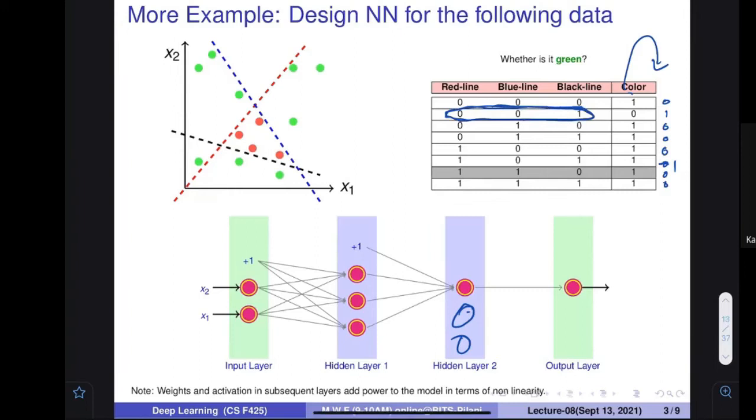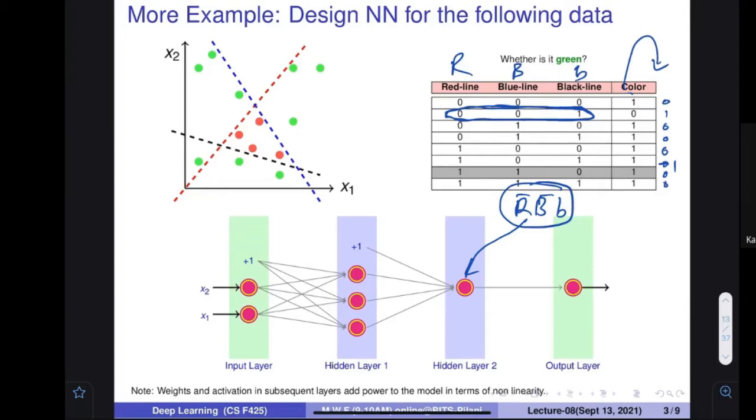For example, if this is R, this is B and this is small b, I say R B B bar. I think I should say it this way: R bar B bar B. If this is the output of this perceptron, then I'm done. I will be getting the 1 at this particular place. Am I right?